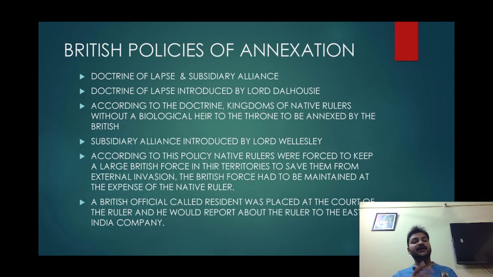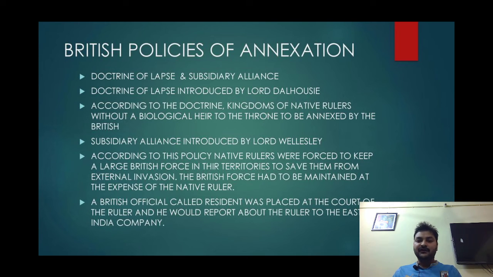Once you submit your entire military powers, you are done for the day. That is your dead end. They took the military from local rulers and made them enter subsidiary alliance. That means now I am the king, but I don't have the gun. And now without a gun, how will you fight?